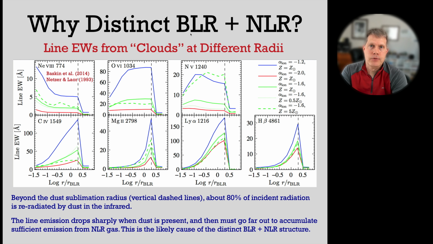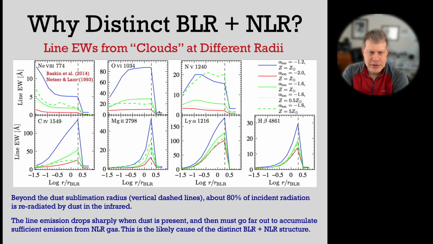The formation of dust is thought to be the basic idea that leads to this BLR plus NLR decomposition of AGN spectra. You can read more about that in this original paper by Netzer and Laor from 1993, which discussed this idea in more detail. That's likely the cause of the distinct BLR plus NLR structure present in AGN spectra.